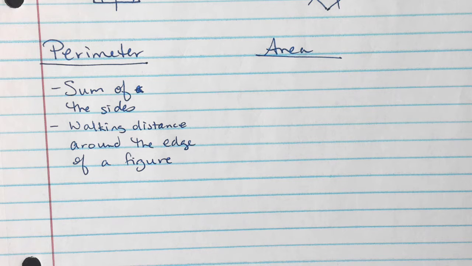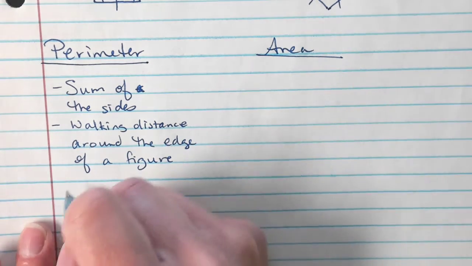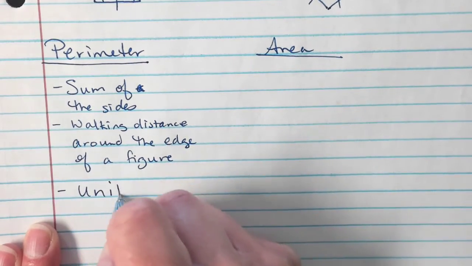And one of the big things about perimeter, it has units. So if you're going to walk around the edge of our high school, typically we'd measure that in feet. You're walking a certain number of feet from the starting point to the ending point. And they're kind of in the same spot because you got to go all the way around. So perimeter is going to be measured in units.